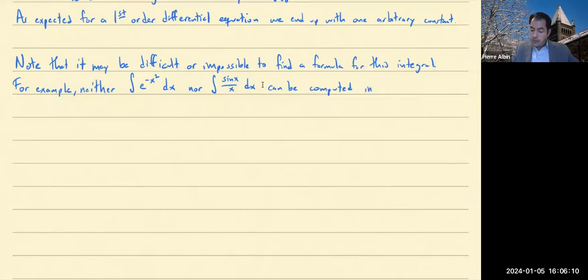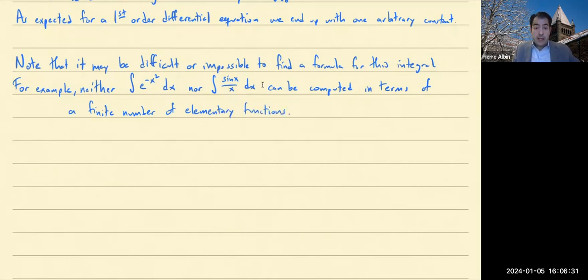they cannot be computed in terms of a finite number of elementary functions.